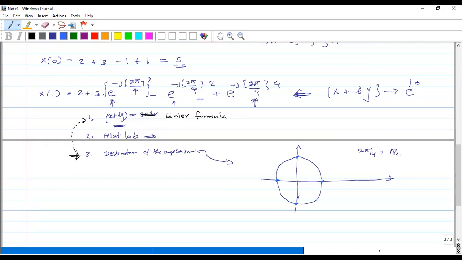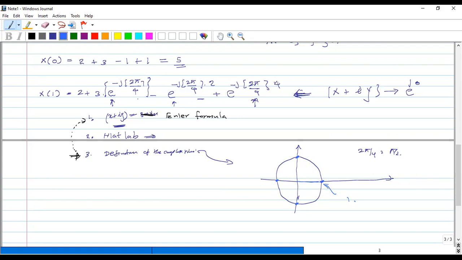So these are the 4 positions I have when I divide this circle into 4 equal parts. The radius should be 1.